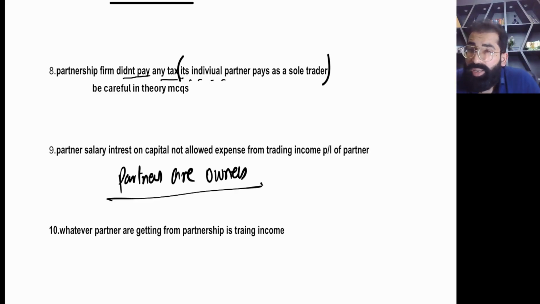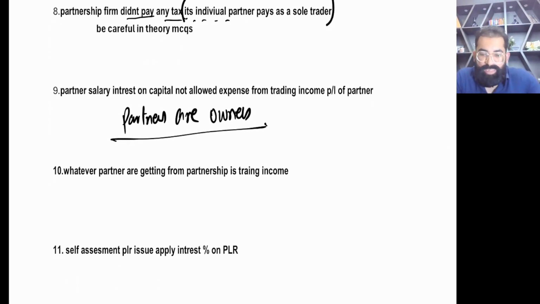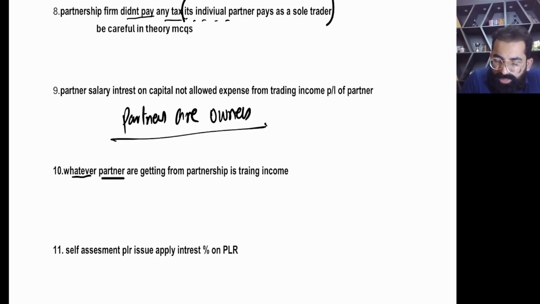You have studied this in trading income with me. So partners' salary, partners' interest on capital, and partners' personal expenses are never allowed. Yes, if family members of partners or owners are working, then normal salaries are allowed, but excessive salary is not allowed. I have already explained this when I was teaching you. Whatever partners are getting from the partnership is trading income.